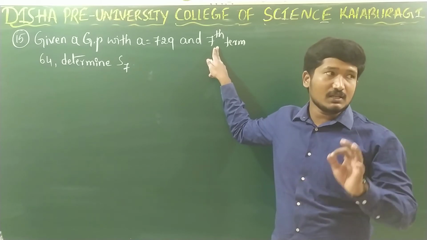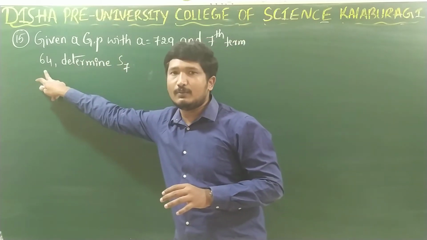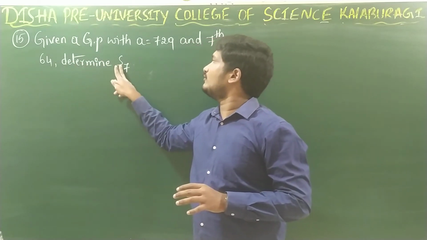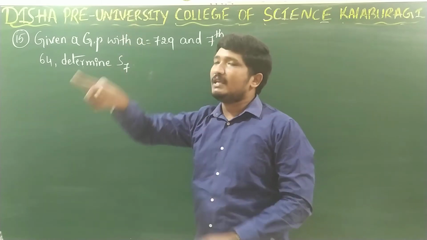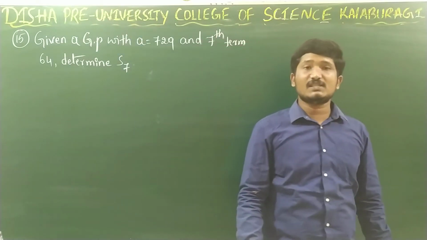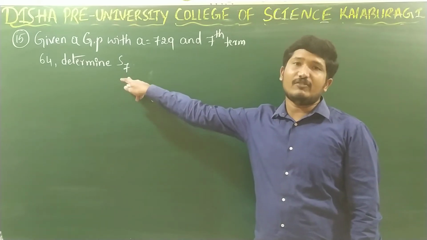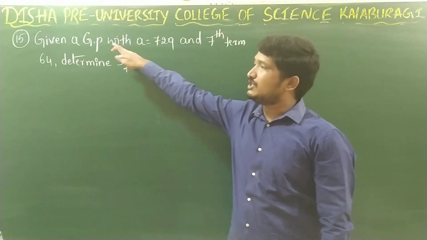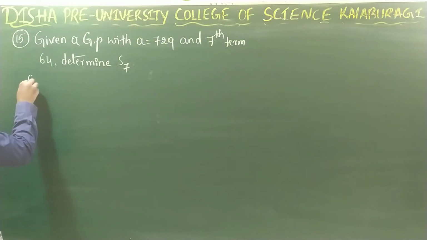Seventh term in the sense the value for A7, that is given as 64, right? So what we have to find out here? We have to determine the value for S7. S7 is nothing but the sum to how many terms? 7 terms of the GP, right? So let us calculate the value for S7.